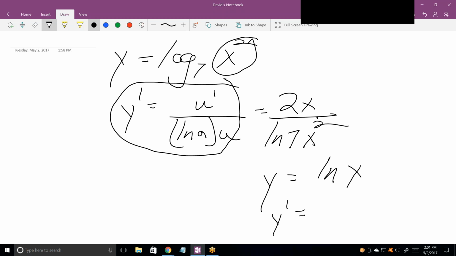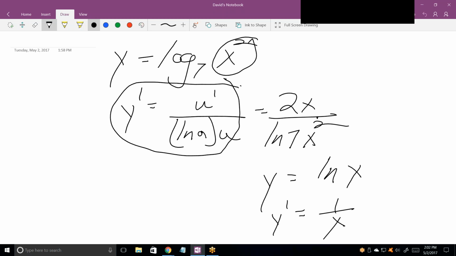This is one you want to memorize. This is a key one. This, in fact, might be the most important one of all. The derivative of natural log of x is 1 over x. Memorize that. It's different than all the others, because for all the others you can use the power rule, but this you cannot. And going the other way you cannot either. So you need to memorize that relationship.